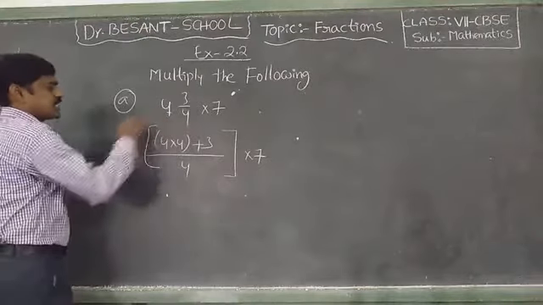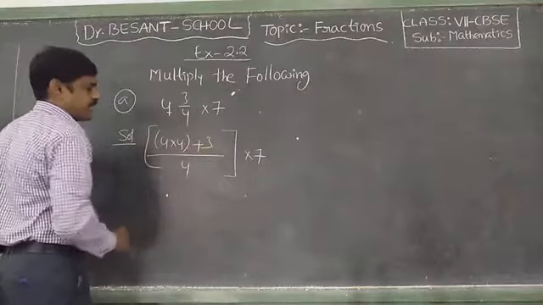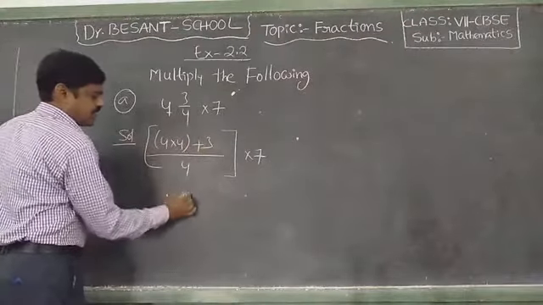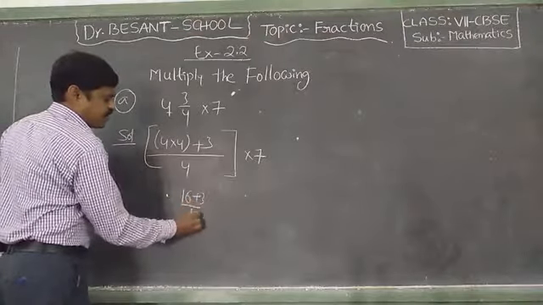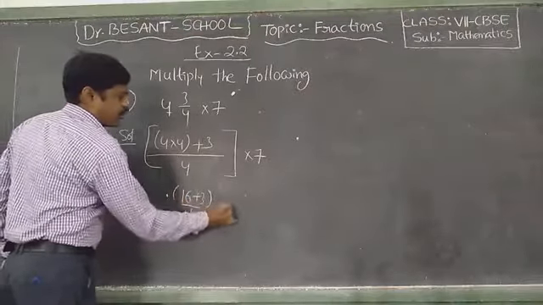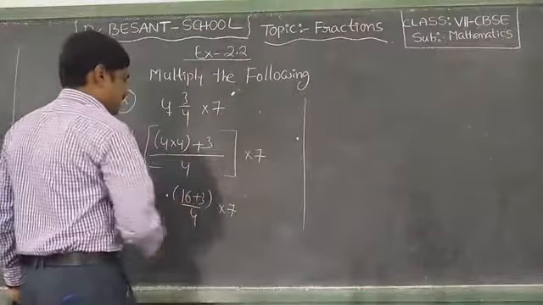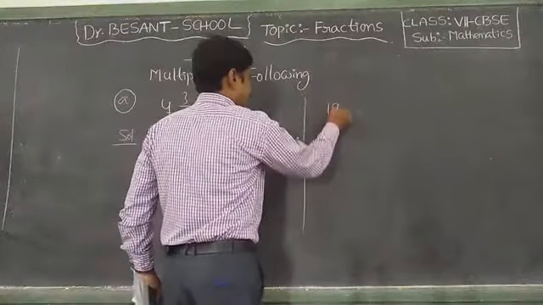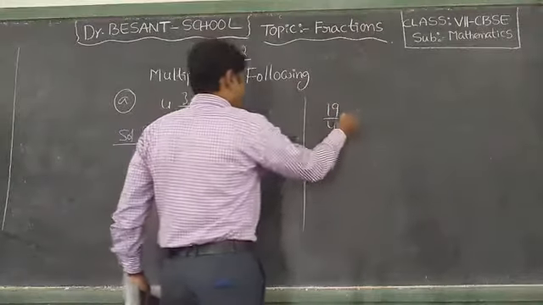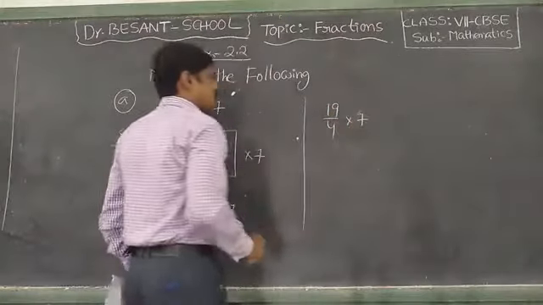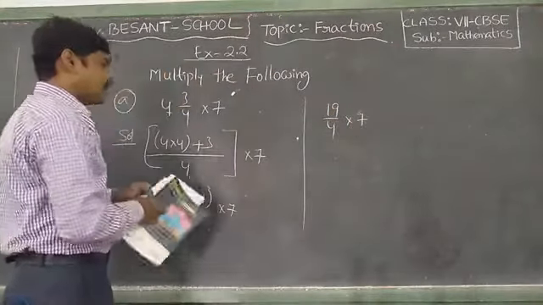So 4 fours are 16, 16 plus 3, 16 plus 3 by 4 into 7. Now 16 plus 3, 19 by 4 into 7.